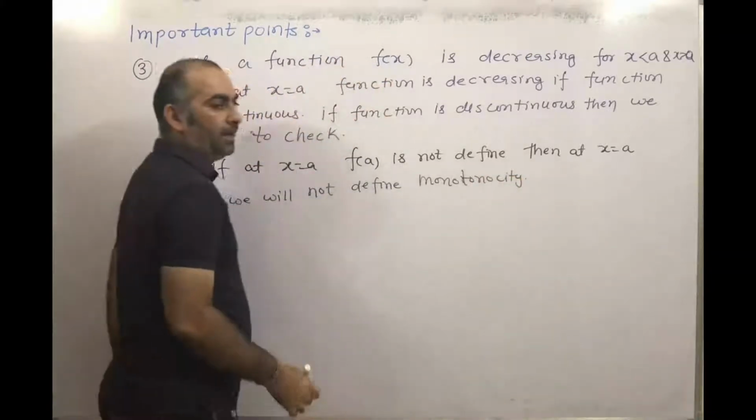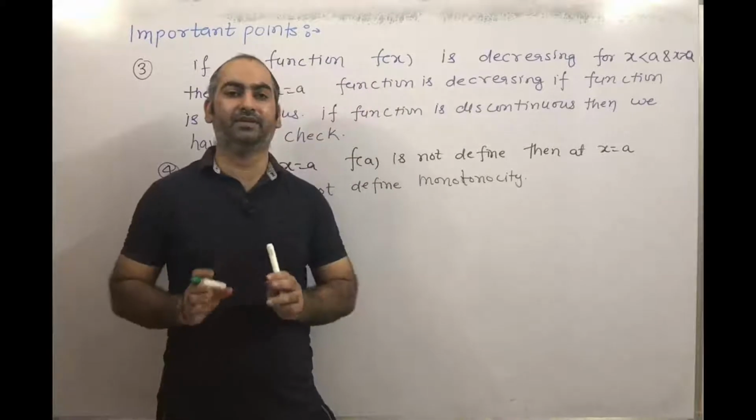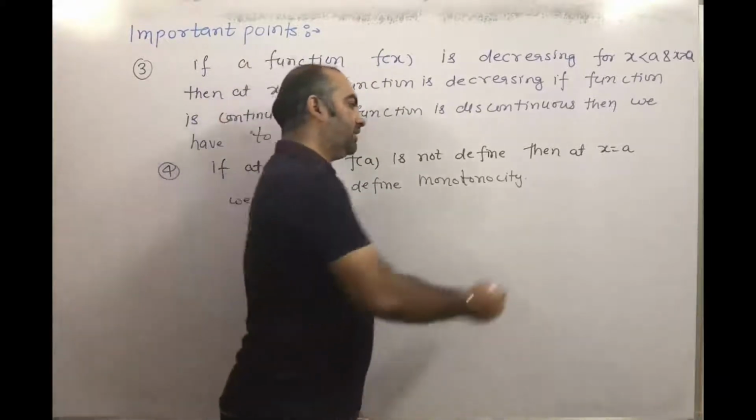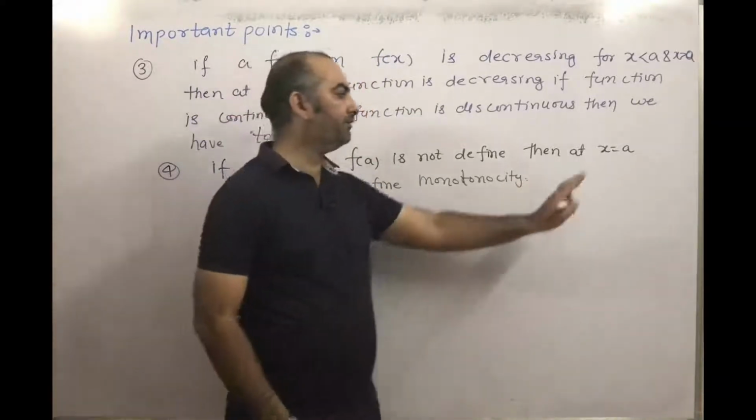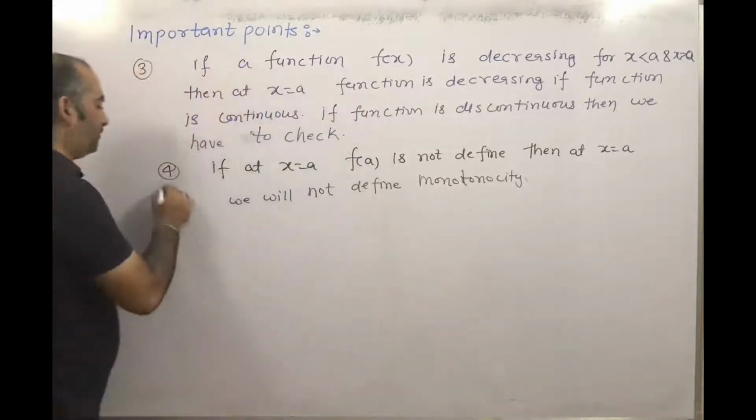That means x equal to a we will not include in the interval of increasing or the interval of decreasing. So we will not check monotonicity at x equal to a if the function value is not defined at x equal to a. This is point number 4.